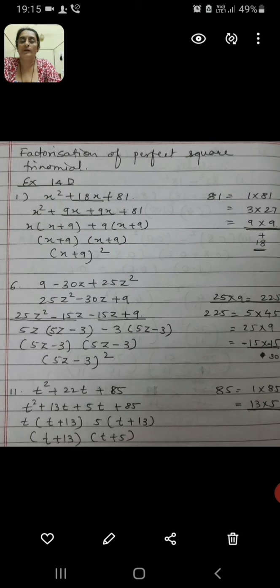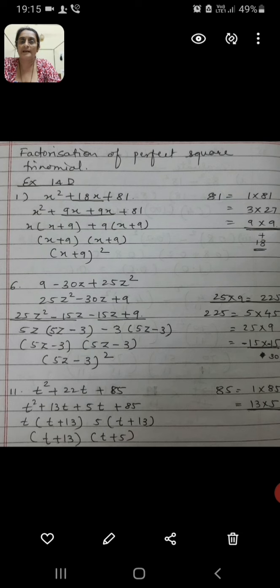Now we have to split 225. So we'll get factors of 225, and that is 5 into 45, 25 into 9 and 15 into 15. How many factors we got? We got 3 factors, 3 groups. Now we have to choose one which has addition or subtraction as the middle term, that is 30.